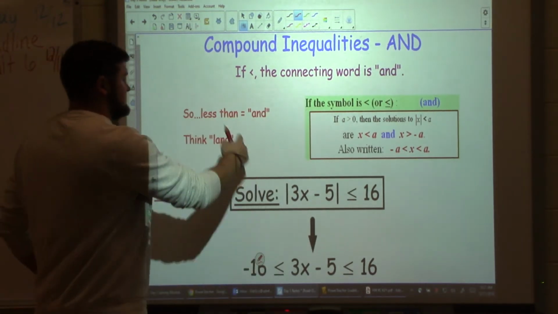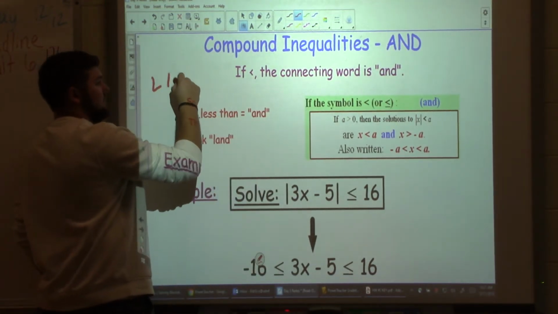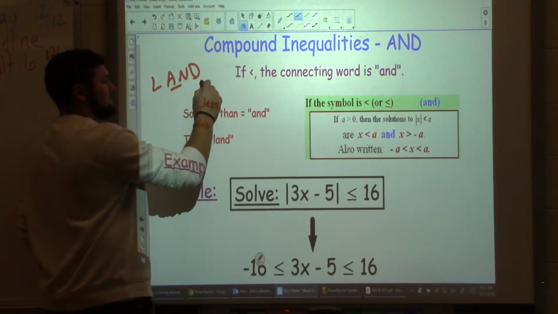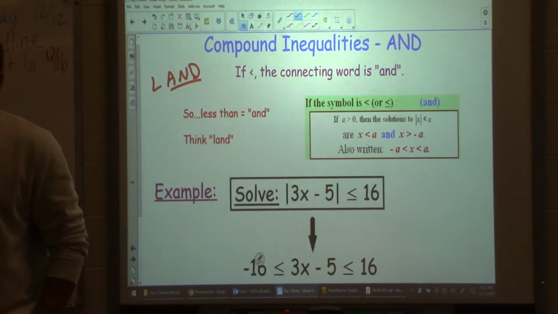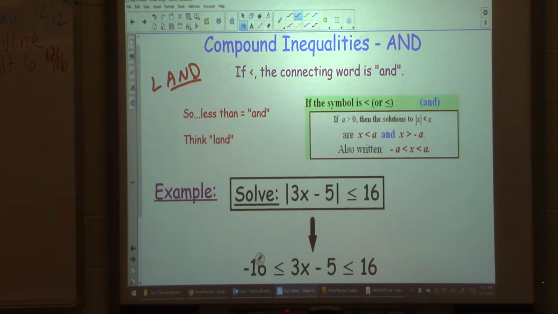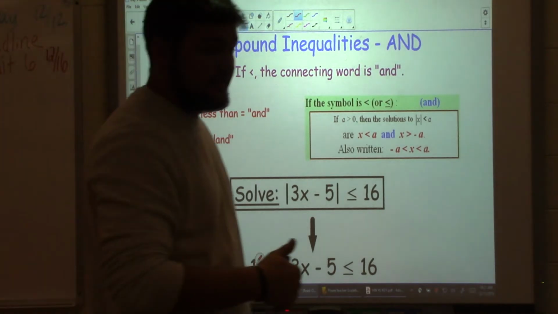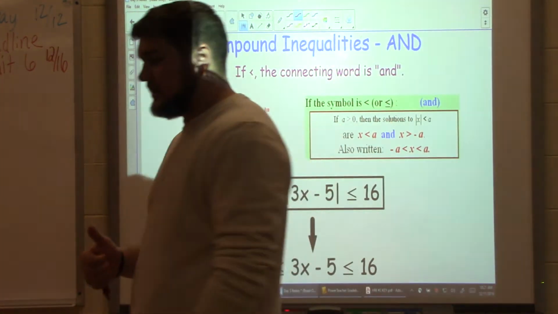So if it is less than, we think AND, or the easy way to remember it is LAND. If it is a less than problem, to be able to solve it, we're going to turn it into an AND statement, or an AND problem with the inequality, so we can solve it. Alright, so that's the first fill in the blank. If it is less than, the connecting word is AND.